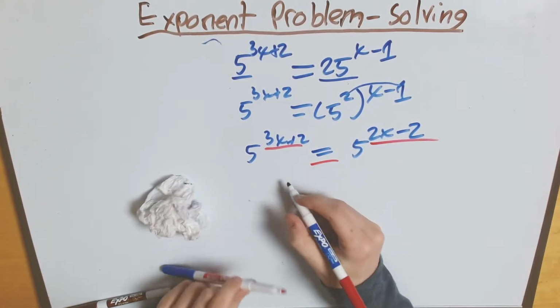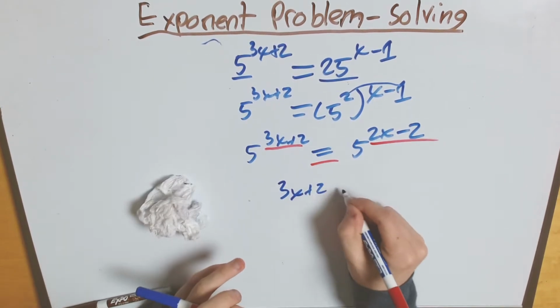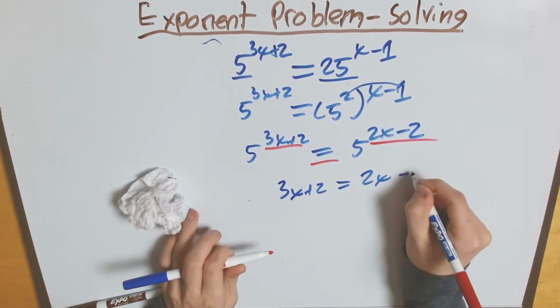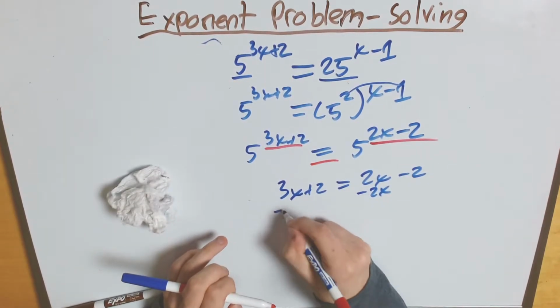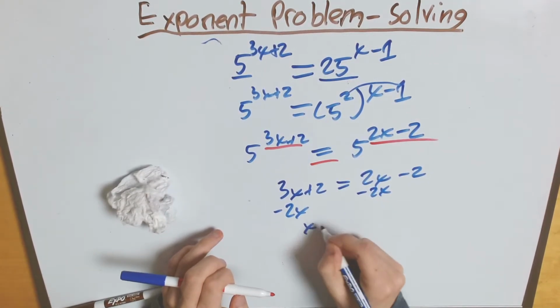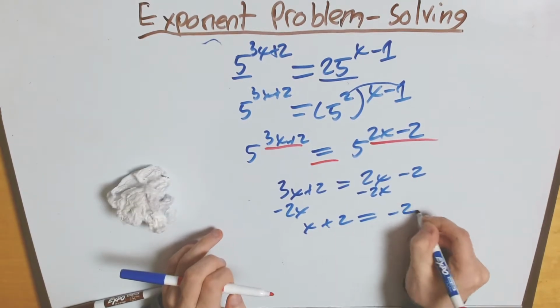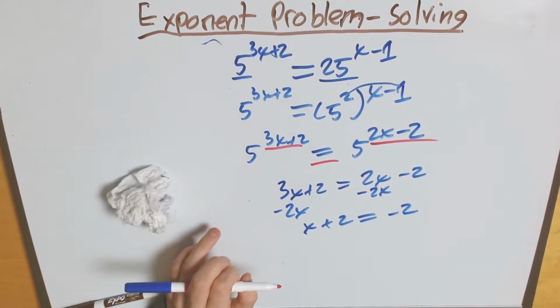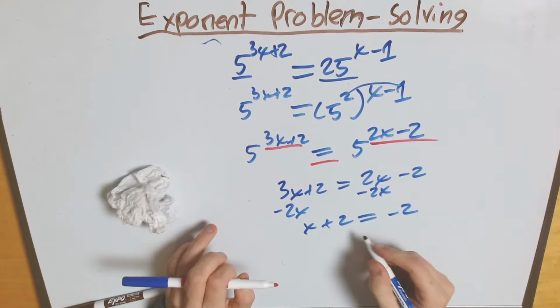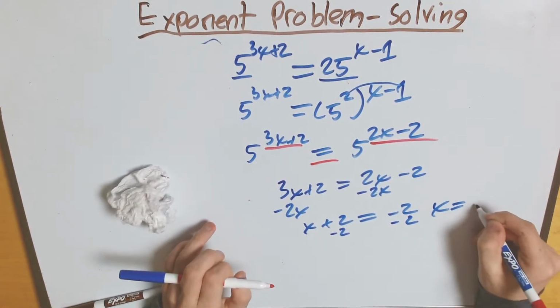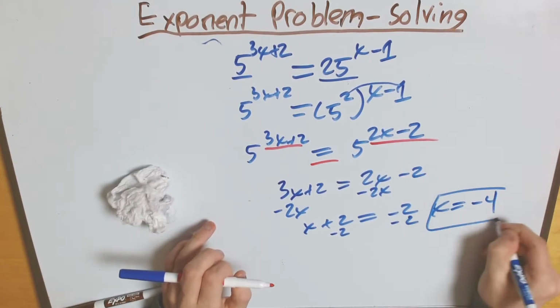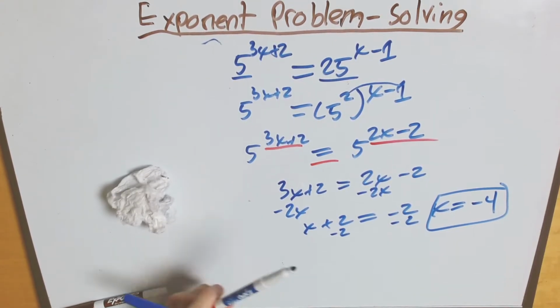So I have 3x plus 2 equals 2x minus 2. I want all my x's on one side, so I'm going to subtract 2x. I'll have x plus 2 equals negative 2. I want all my 2's on the other side, so I'm going to subtract 2. And I have x equals negative 4. Just like that, I've solved it.